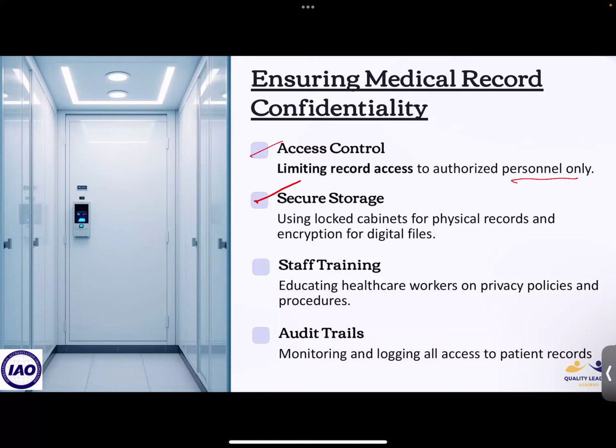We also have staff training, educating the healthcare workers on privacy policies and procedures, and audit trails as well, meaning monitoring and tracking access to the patient records. Another thing is that backup copies should be created.